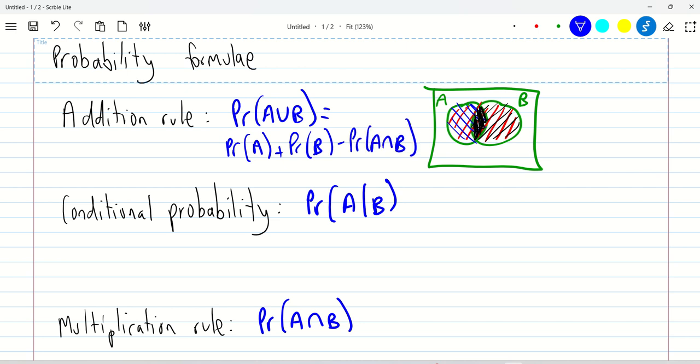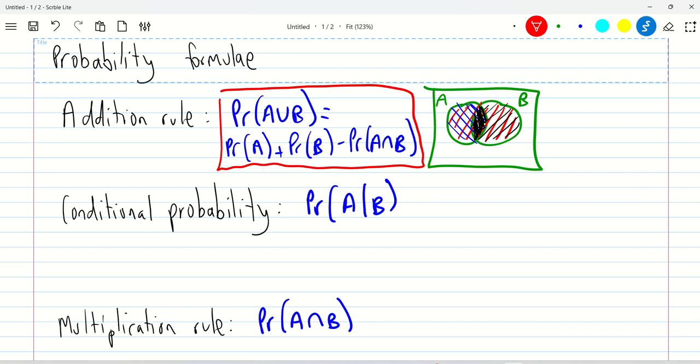Remember, A intersect B is that area that goes in between those two. And so that is the addition rule. If you want to find out the probability of A or B, then you add the probability of A to the probability of B and then subtract the probability of the intersection. Okay, so that's what's called the addition rule.